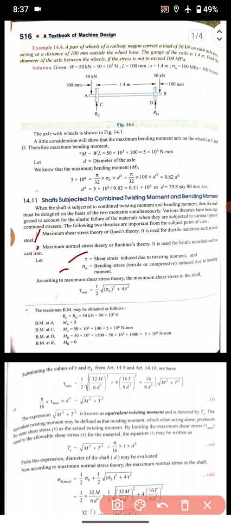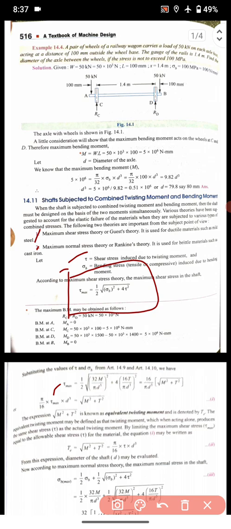Then according to maximum shear stress theory, the maximum shear stress will be tau max equal to 1/2 square root of sigma b square plus 4 tau square. Now substituting the sigma b and tau values, we get the square root of (32 M / pi d cube) square plus 4 (16 T / pi d cube) square.